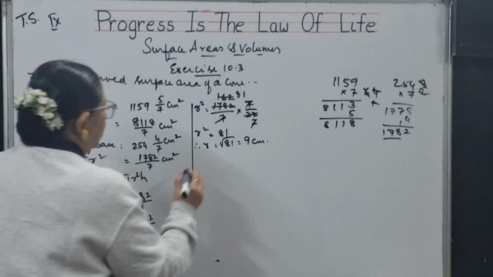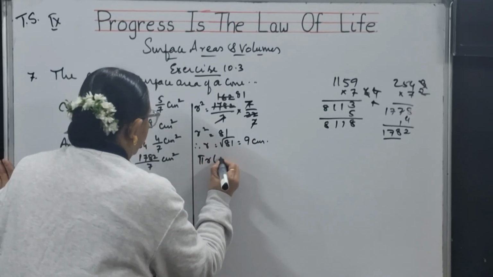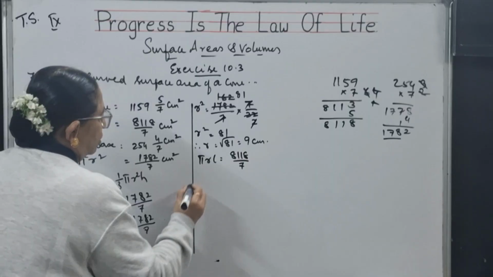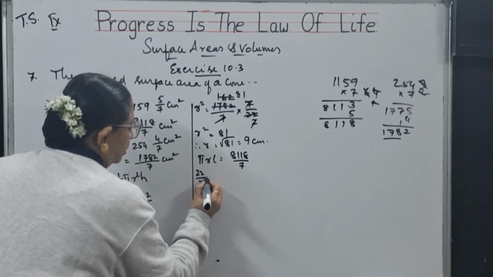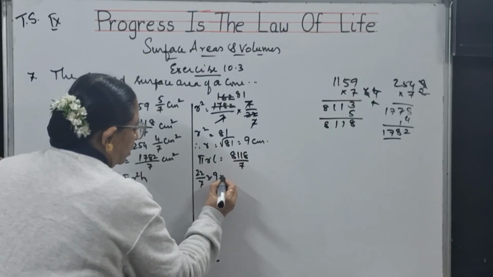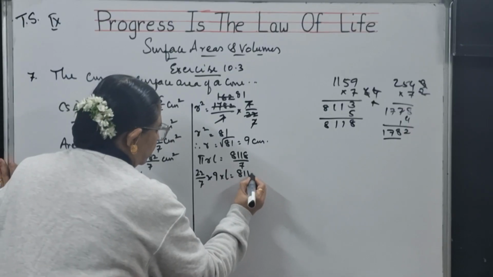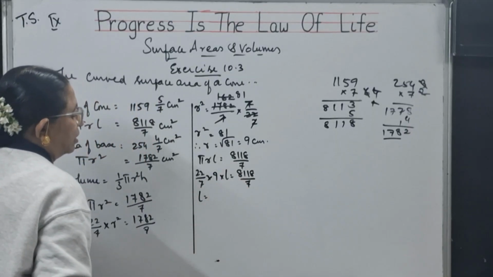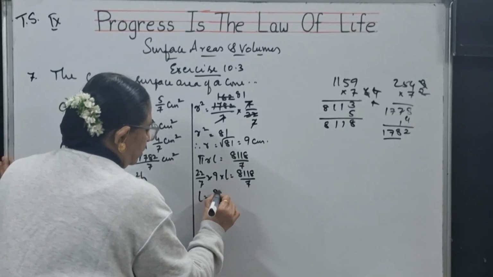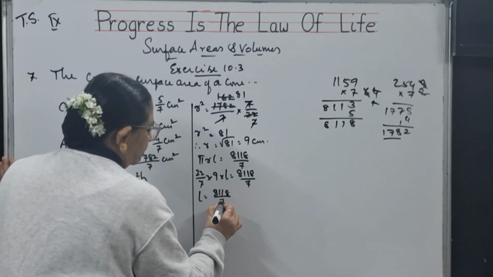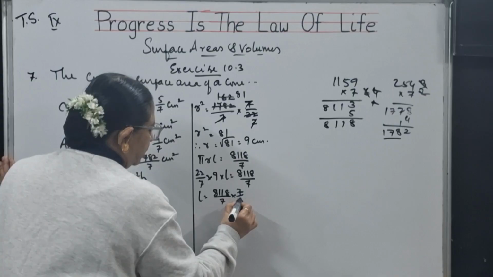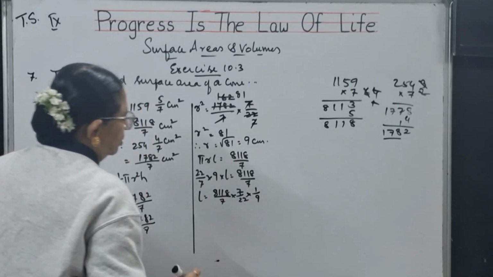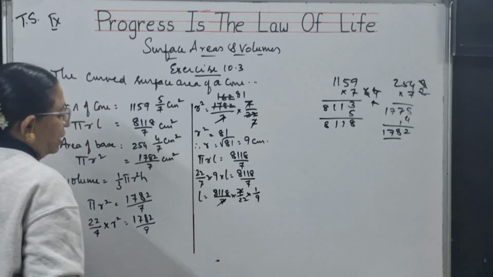After getting the radius, let us go for this. Pi r L is equal to 8118/7. So 22/7 into radius 9 into L is equal to 8118/7. So what is L, the slant height? 8118/7 into 7/22 into 1/9, reciprocals. 7 and 7 will get cancelled.